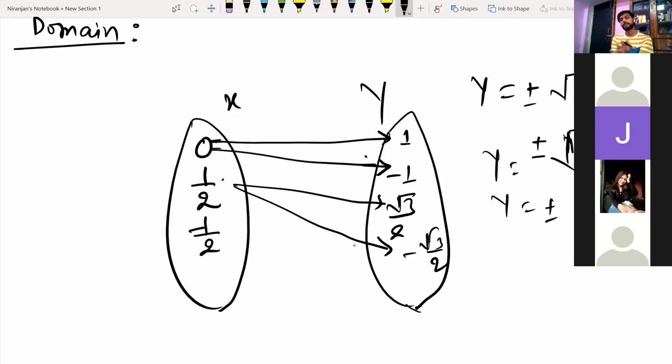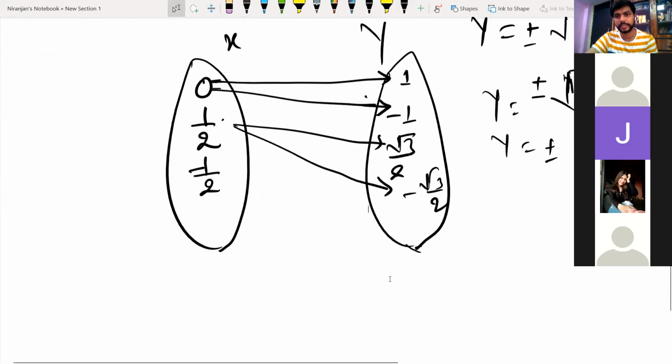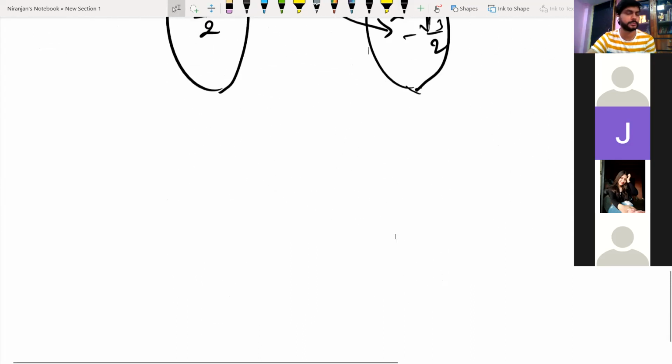Now, think about this again. Can you say that this is a unique relationship? Guys, can you say that this is unique? It's not. So that's all we need. If this is not a unique relationship, then this is not a function.